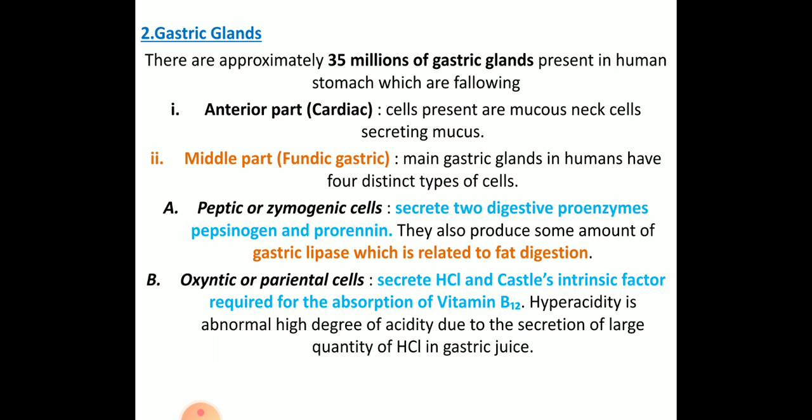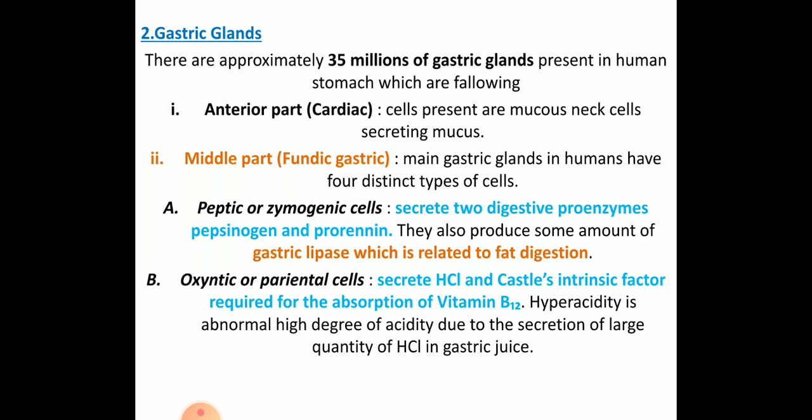In the anterior part, the cells present are mainly mucous neck cells, which secrete mucus. The middle part is the fundic or fundus region. Gastric glands in humans have four distinct types of cells.